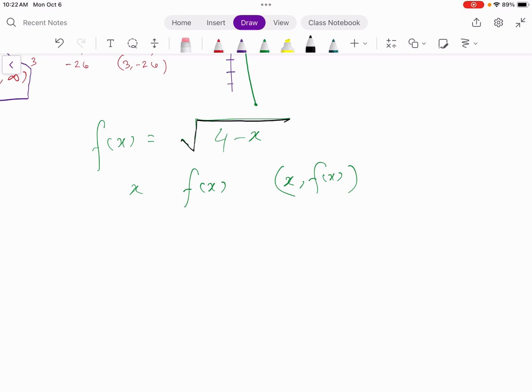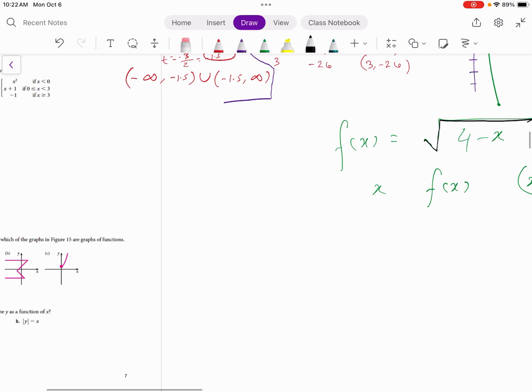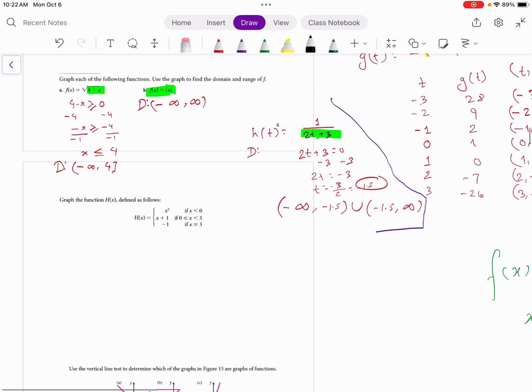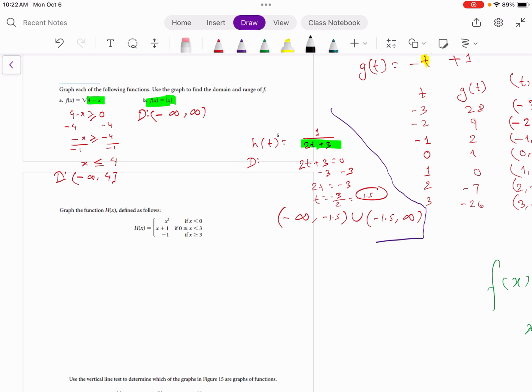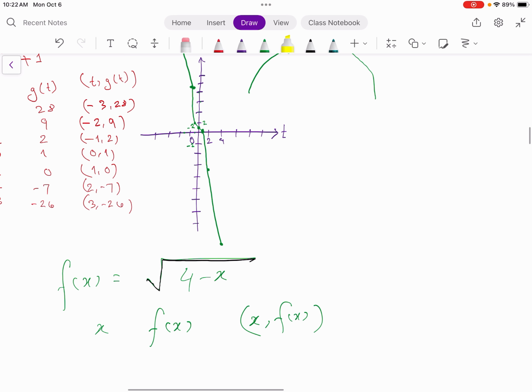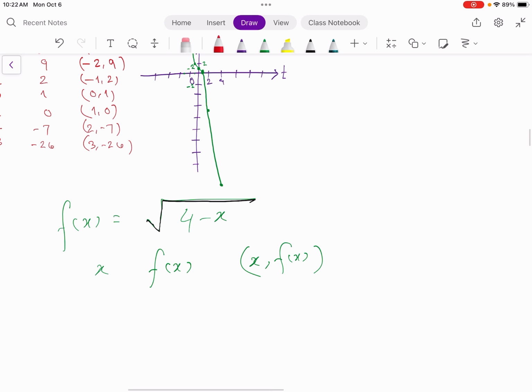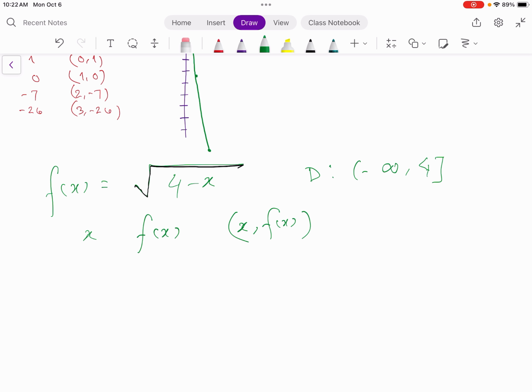And if we go back to what we did in our last class, its domain is from negative infinity to positive 4, okay? So this function has a domain from negative infinity to positive 4. Now what does it mean?